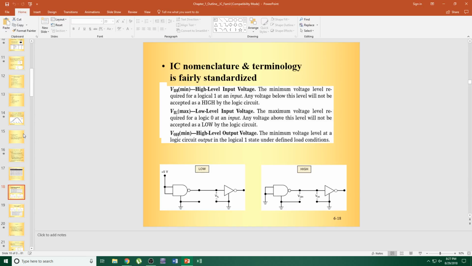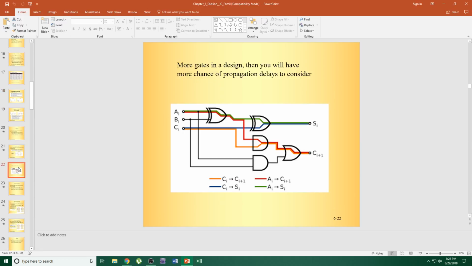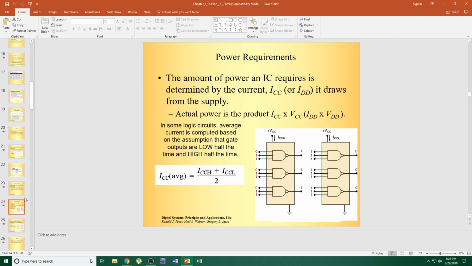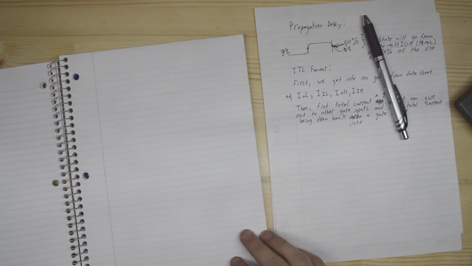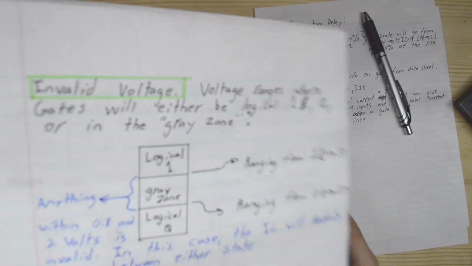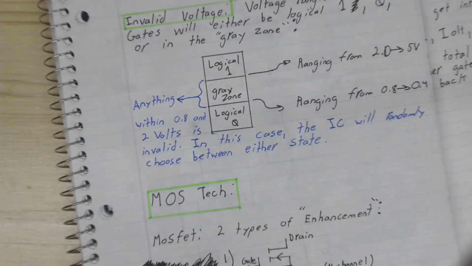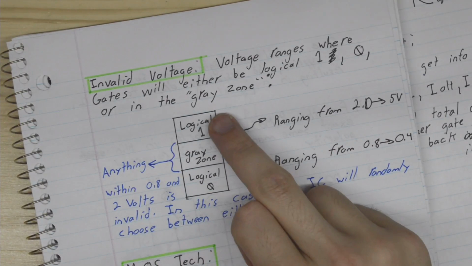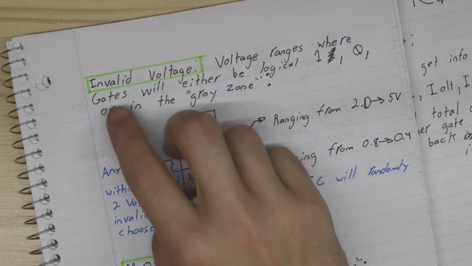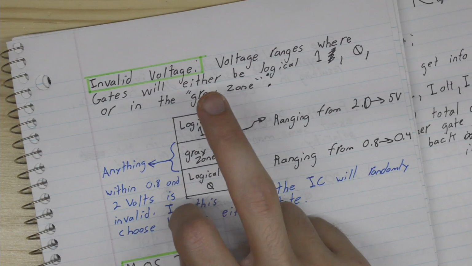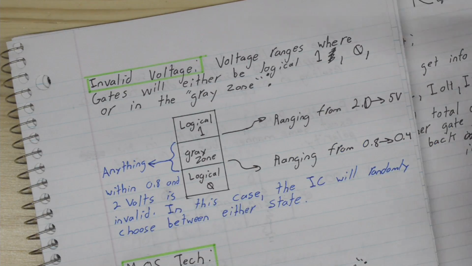I guess basically explaining the different minimum and maximums at each one. I mean, that's based off, if you look at this particular case, let's say invalid voltage, when it's a logical high or when it's a logical low, ranging from 2 to 5 volts, in this case of a TTL.